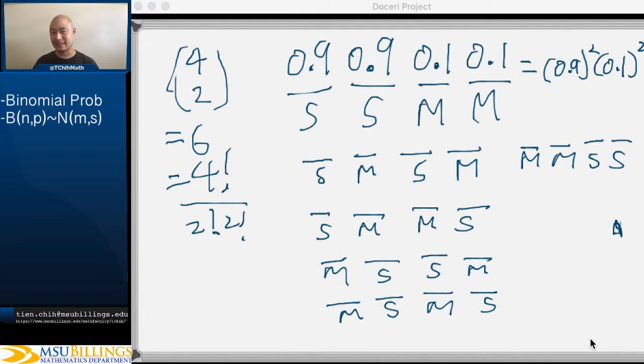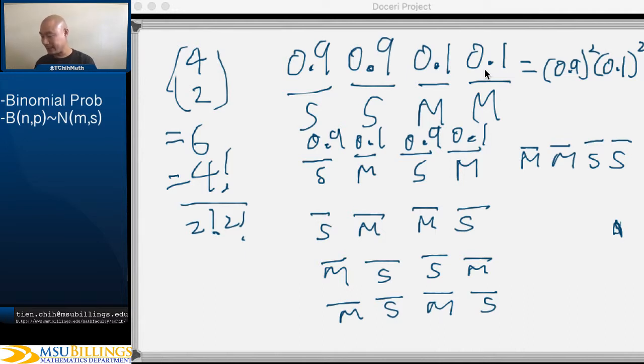Different things listed here. Now, when I go through these other 5 cases, right, we worked out the first case, right? It's 0.9, 0.9, 0.1, 0.1. If I go to the second case, it's 0.9, miss 0.1, 0.9, 0.1, right?